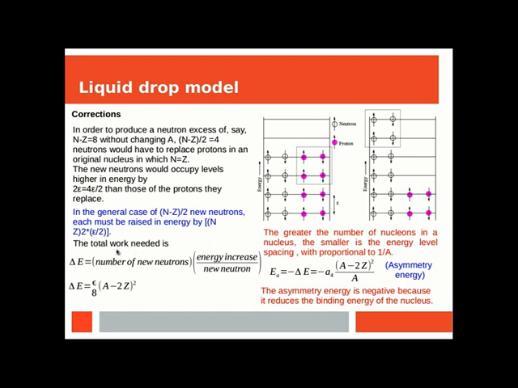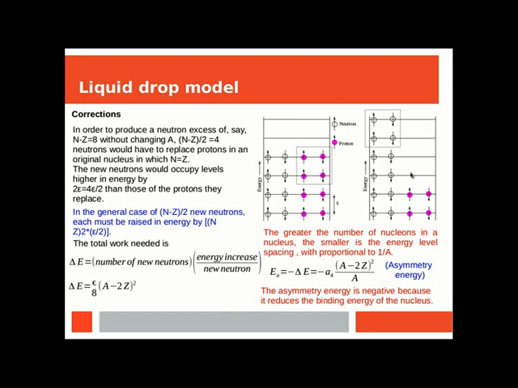Why? Because the work required to be done to acquire this type of arrangement from this type of arrangement is this much: the number of new neutrons multiplied by the increase in energy per new neutron. For example, in this example we have got four neutrons from four protons, so the number of new neutrons in this case is 4.